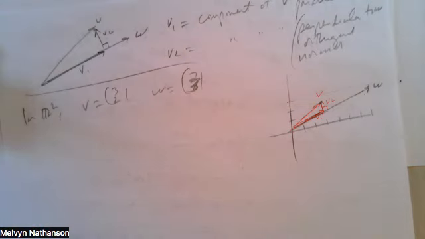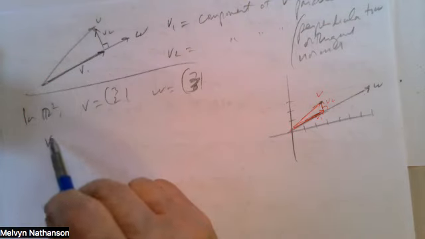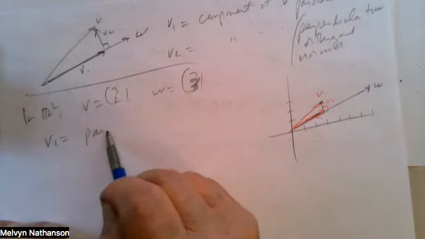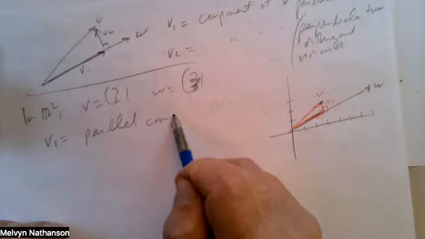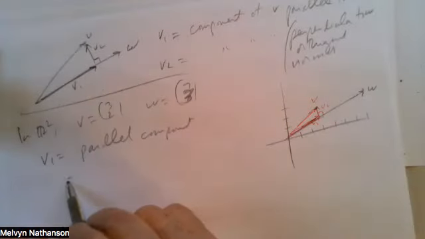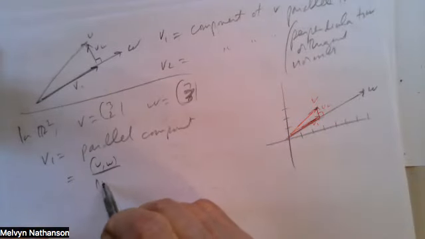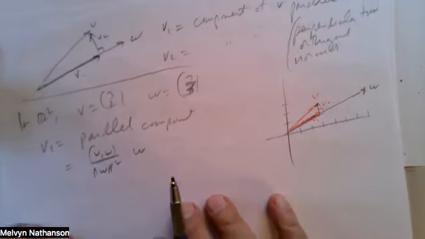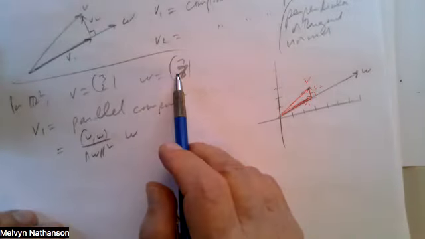So V1, which is the parallel component, what was the formula that we used? The inner product of V with W over the length of W squared, times W. Here are my two vectors. V is (3, 2).